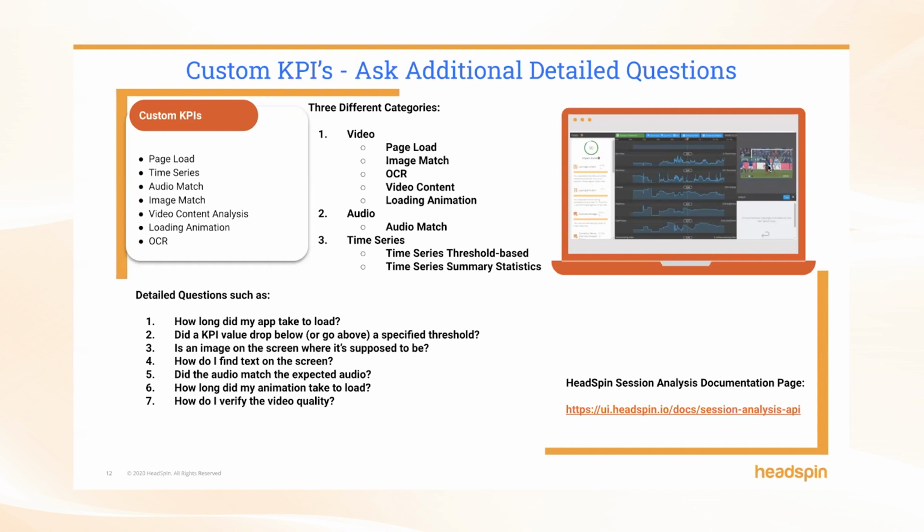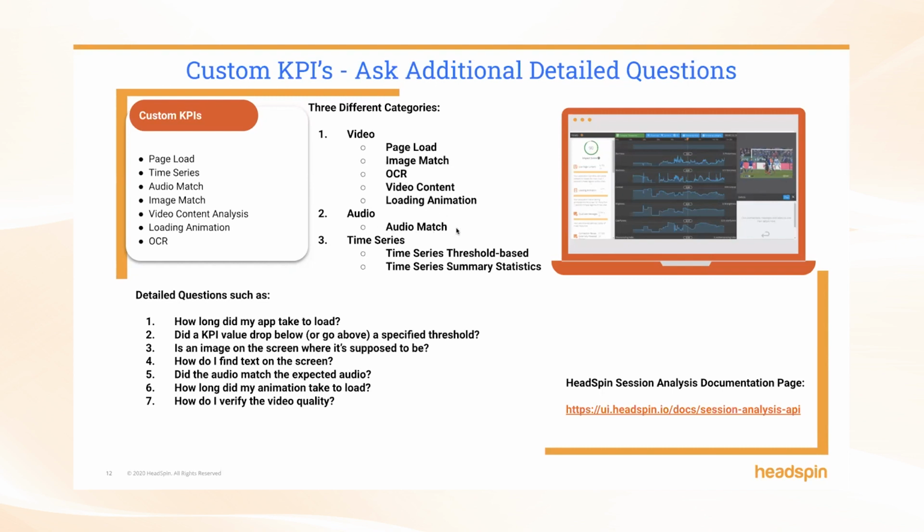So what did your user experience as your application, or whatever you were doing on the device, ran during that session, and what kind of impacts were there: how long did it take to load an image, is the image where I expected, how's the video quality, any loading animation issues. Those are types of queries we can do.